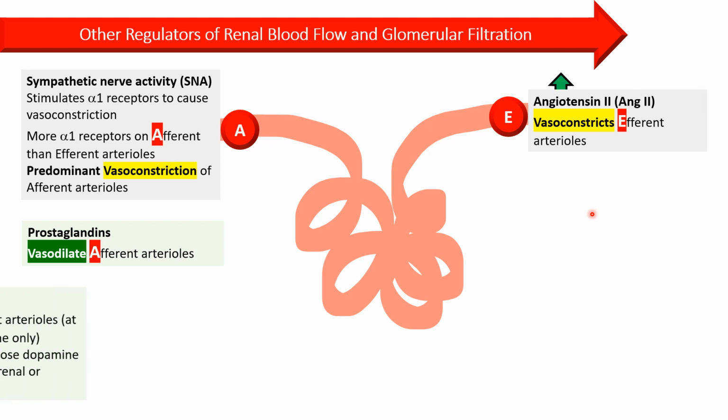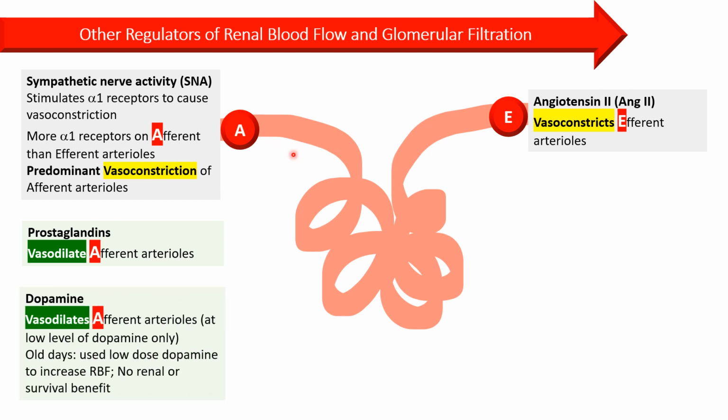Prostaglandins vasodilate afferent arterioles. Dopamine also vasodilates afferent arterioles at low level. In the old days, we used to use low-dose dopamine infusion to increase renal blood flow in patients with poor kidney function.